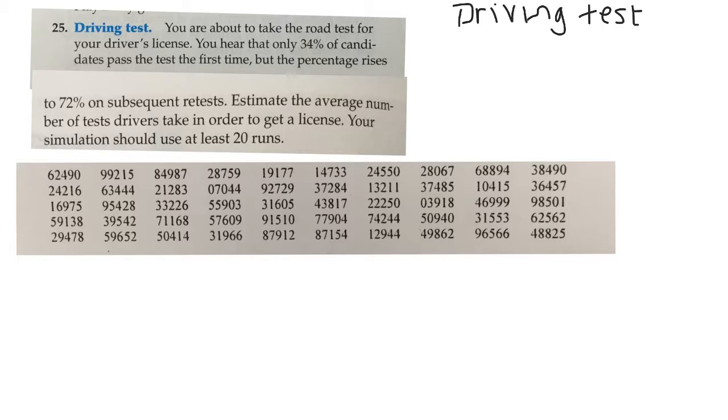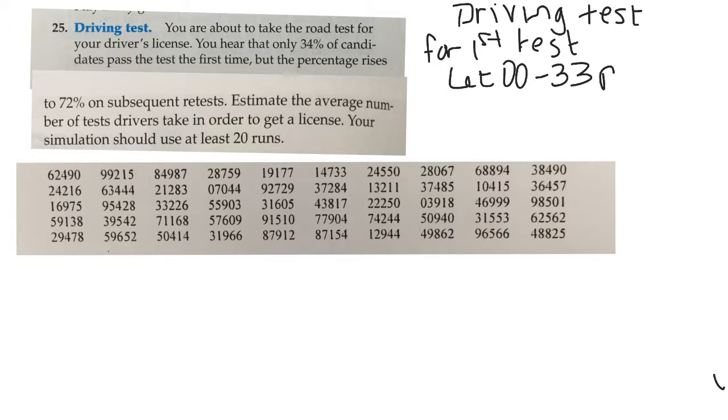Okay, so we have to simulate two different things. The first test, right? The numbers are going to be different for the first time they take it, and then any test after that. So for the first test, we're going to let 0 to 33 be pass, 34 to 99 be fail.